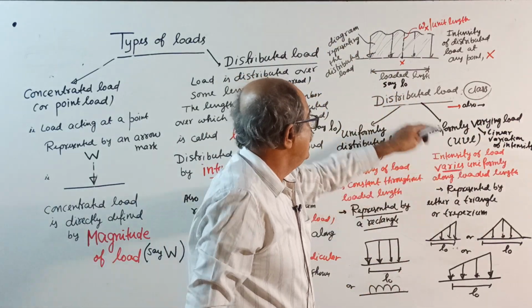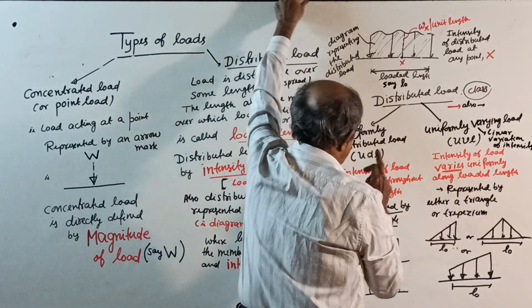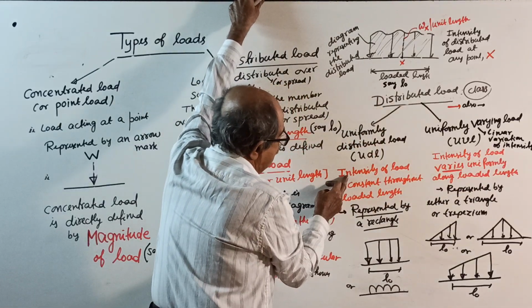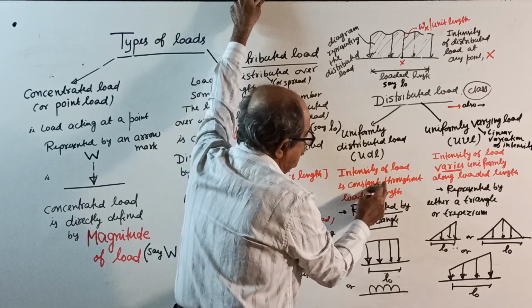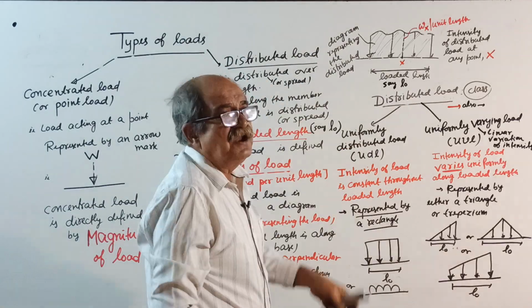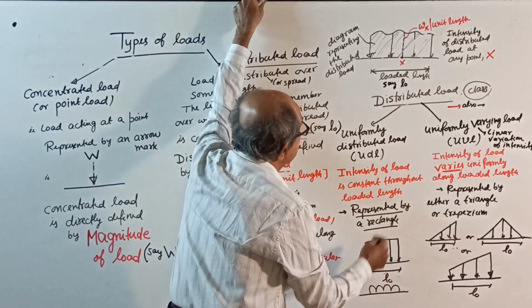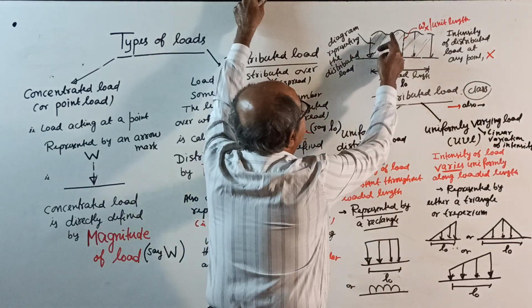Now, intensity of load varies uniformly along the loaded length. Here, UDL means intensity of load is constant throughout the loaded length. I just now told, loaded length is L naught and the ordinate is intensity.